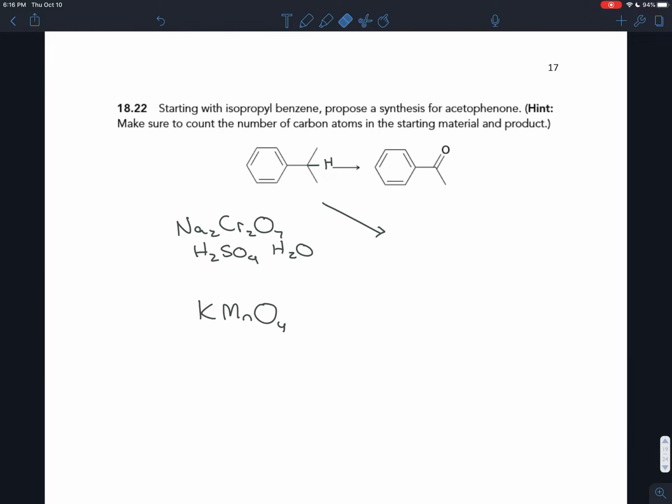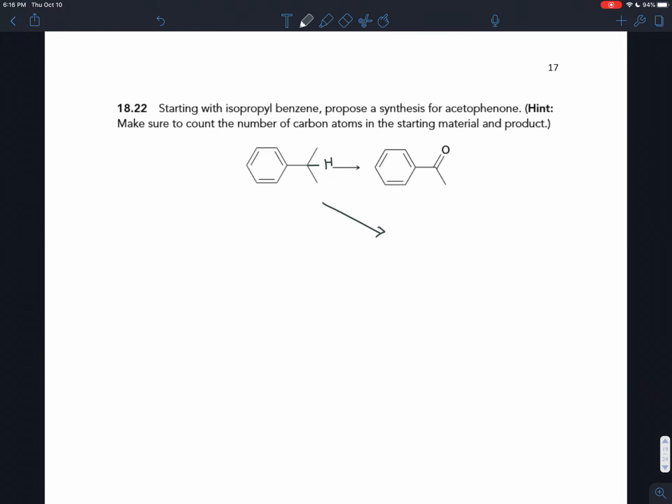In a future chapter, when we know how to manipulate carboxylic acids, that might be a viable option. But for right now, these strong oxidizing agents are not going to work because they would give us benzoic acid, they would give us a carboxylic acid, when what we want is a ketone. They would take too many of the carbons off. They would take 2 of them off. We only want 1 of them off.